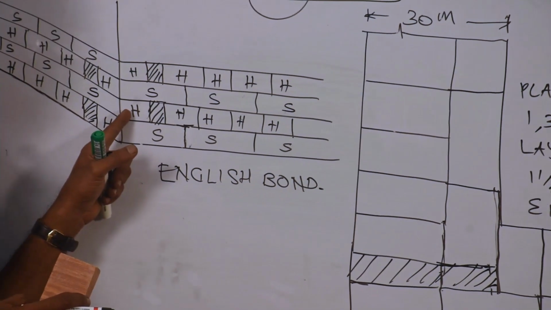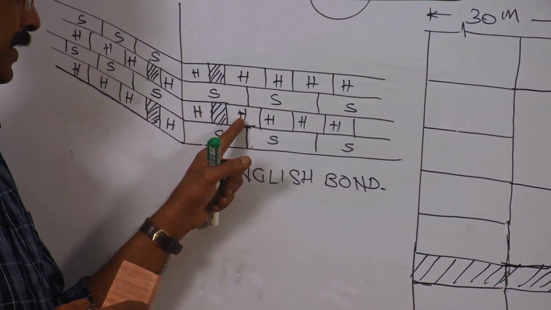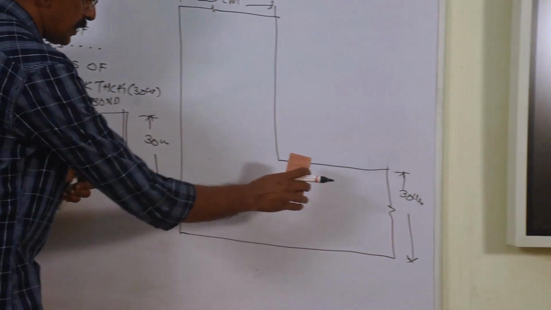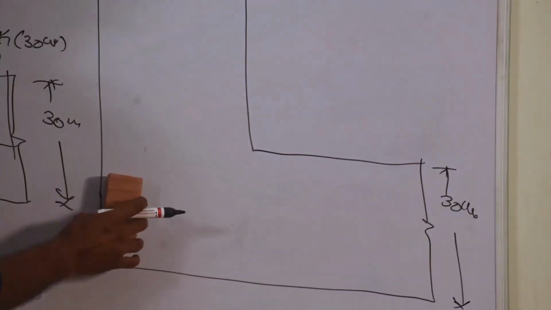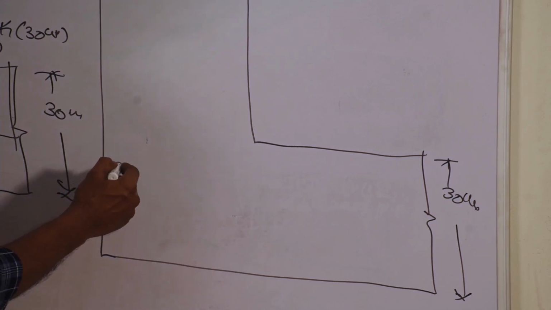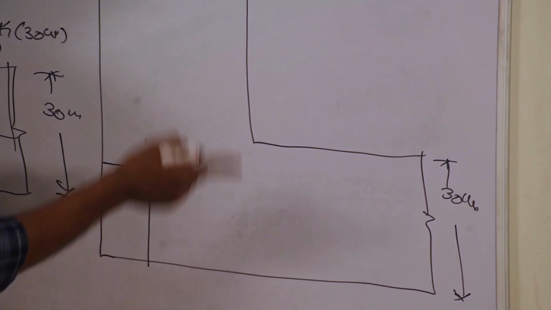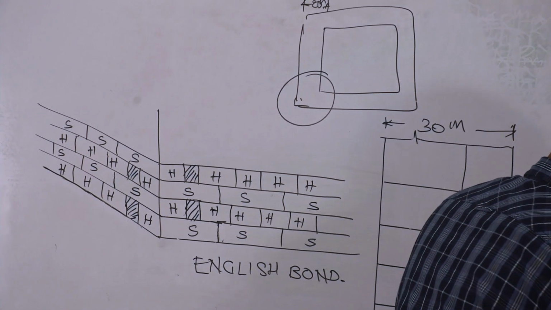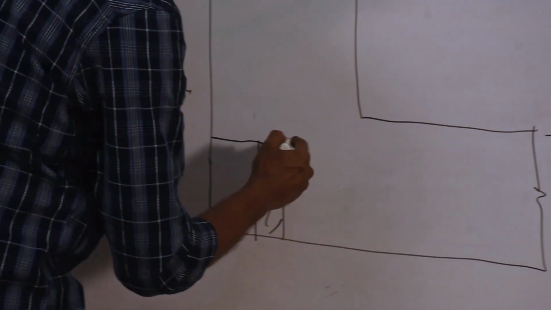You can see the header, then Q enclosure, header, header, header, header. So the arrangements of brick in this direction, arrangements of brick for the second layer. Second layer elevation, you can see Q enclosure. Then bricks are arranged like this in this direction.